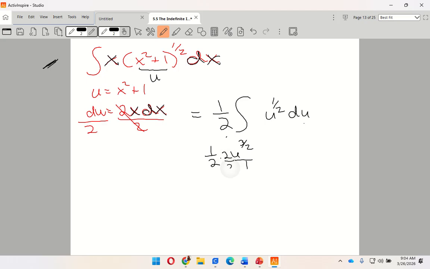Very good. 2/3 plus c. So 1/3 u to the 3/2 plus c. But do I know what u is? Yep, I do. So my u is going to be x squared plus 1 to the 3/2 plus c.